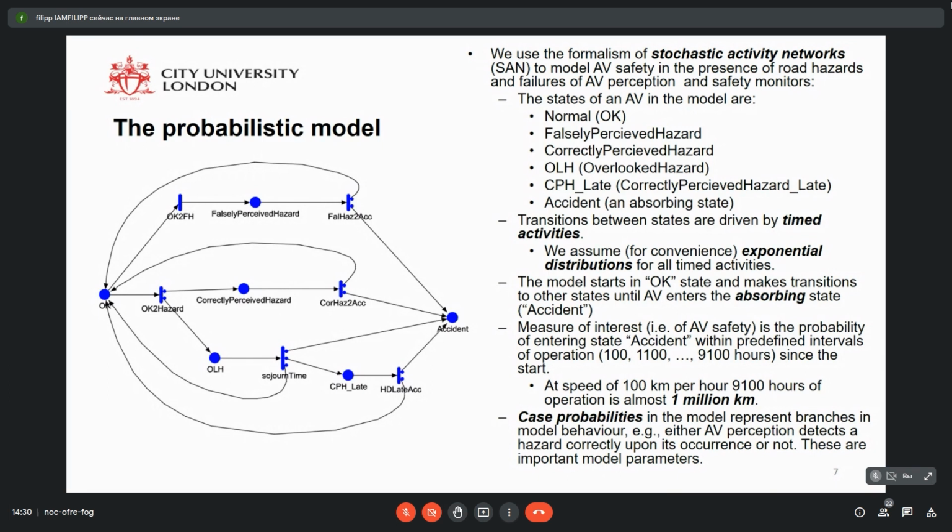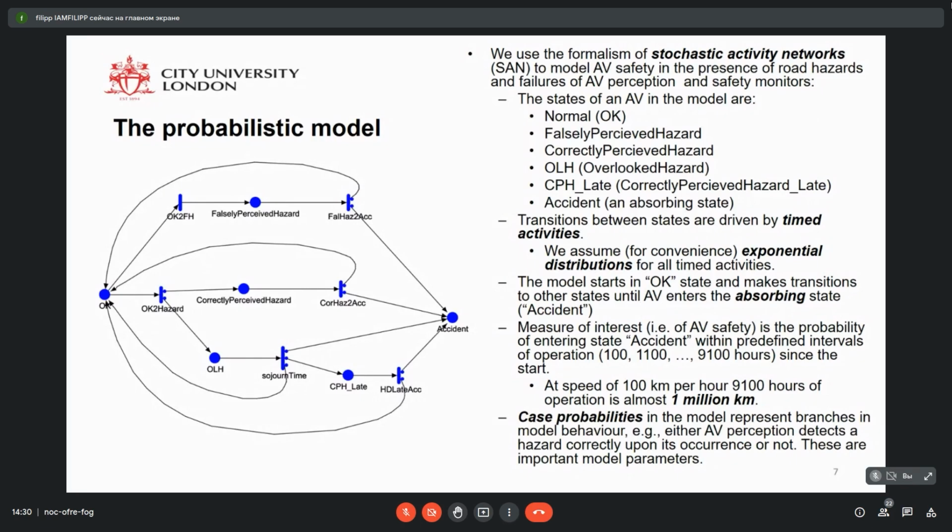I already mentioned it. Now, what are we interested in? With this model, we are interested to know the probability of having an accident within a period of time of fixed length. And the lengths that we have chosen for this study are, first of all, what is the probability of having an accident within 100 hours of operation? 1,100 hours of operation, or 2,100.